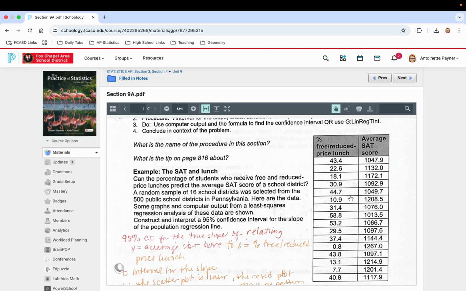I'm going to do that real quick so I can show you the calculator command to find that. While I'm typing those in, you can either type them in too or read the problem and figure out what this one's about.